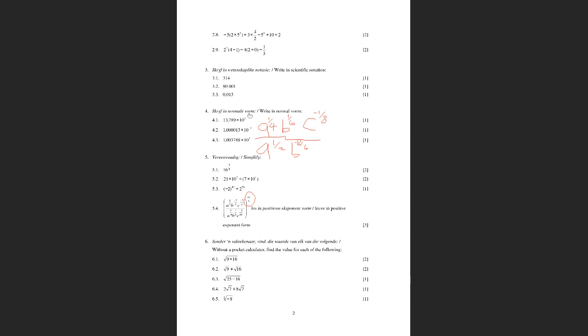Okay, let me start again. Because we have this negative here, it means that we are going to flip A and B. You understand me? So we are going to flip this thing upside down to change this negative to a positive. So we are going to have A, 1/4.